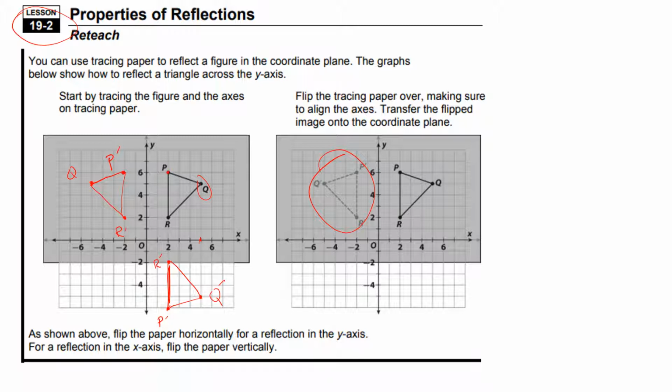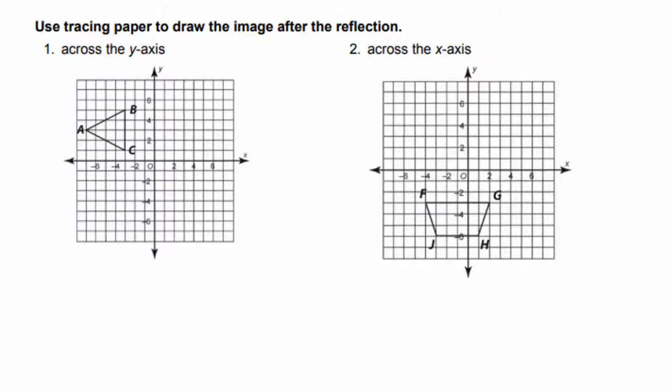Okay, so we have these. You don't need tracing paper. We'll just go about the y-axis. Counting for B, B prime is going to be 3. So this is 1, 2, 3 here, and 1, 2, 3 right there. B prime. A, how far is A from the y-axis? It looks like it's 7 spaces away from the y-axis.